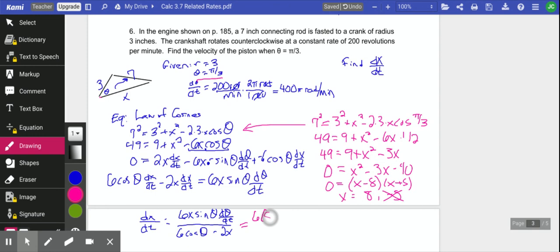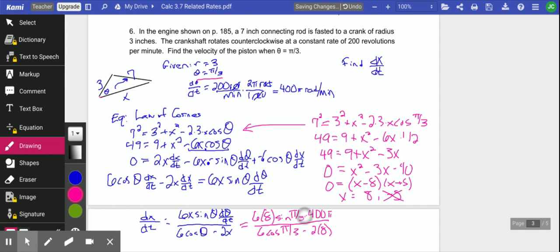Great, let's keep going. We'll plug in 8. Then we have sine of theta, which is pi over 3, and d theta dt, remember, was 400 pi radians per minute, all over 6 cosine of pi over 3 minus 2 times 8.